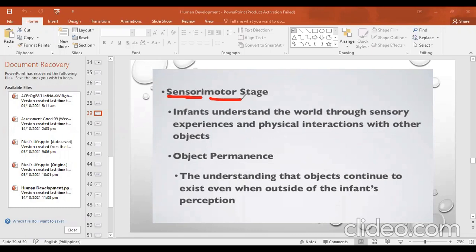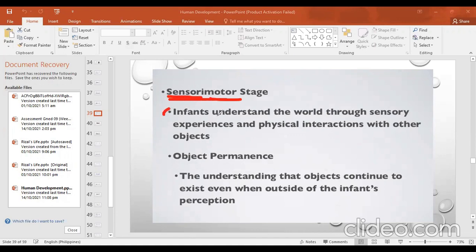And then we also have the motor. What is motor? Motor is very active, like exploring the world and learning what they are capable of. So, in sensorimotor, as we said earlier, we gather information through our senses.